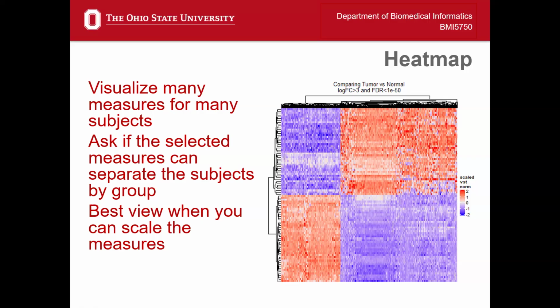So typically we're thinking about gene expression. And in this example, every row is a gene and every column is a sample. So there's probably 1,000 genes here. For 1,000 genes, we're plotting for 500 samples. So we have a lot of information here.